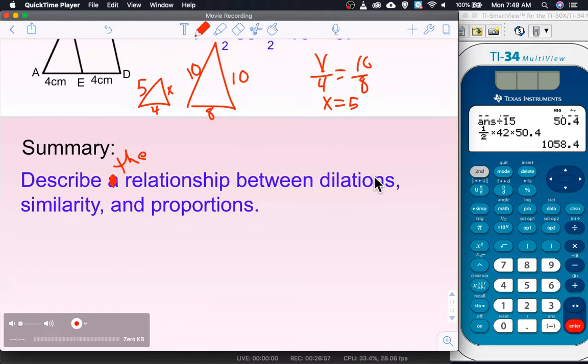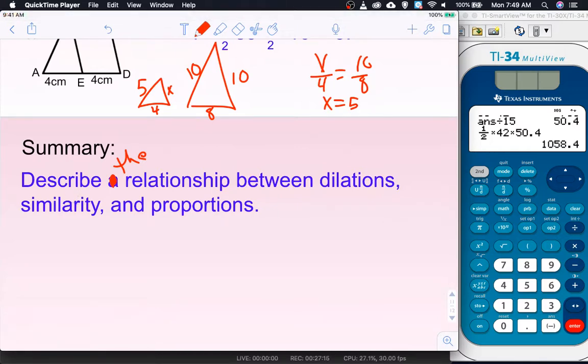Dilations make figures that are proportional, and they are also similar. Proportions can be used to find the side lengths of similar figures. There's lots of different things you can say. I've listed off a couple, and feel free to pause the video and write a couple of them down if you want to.